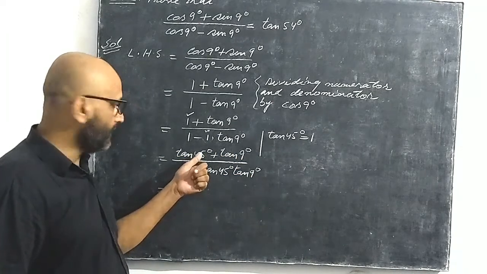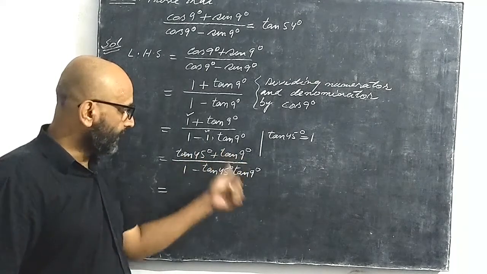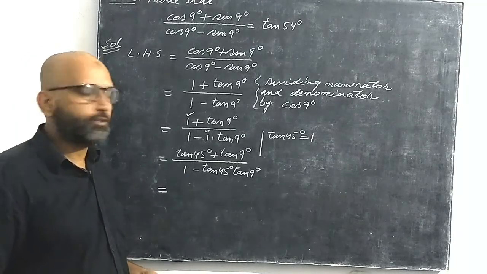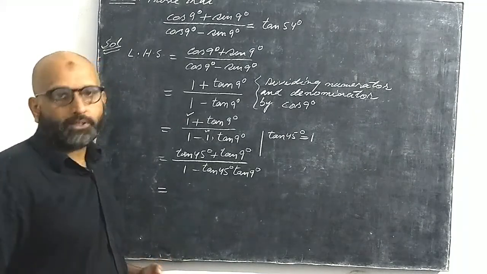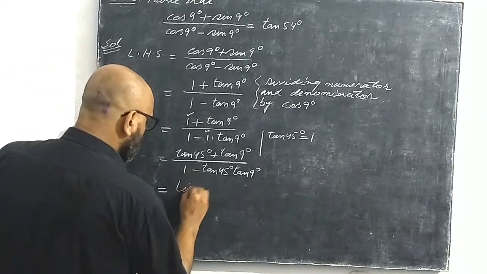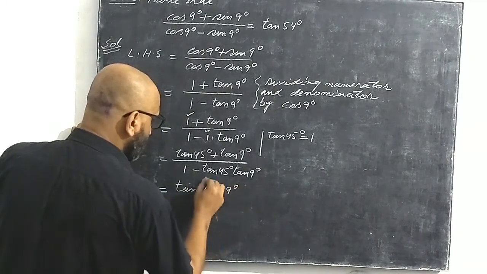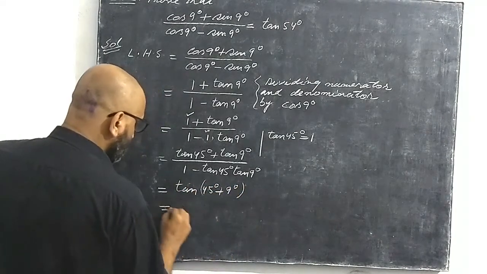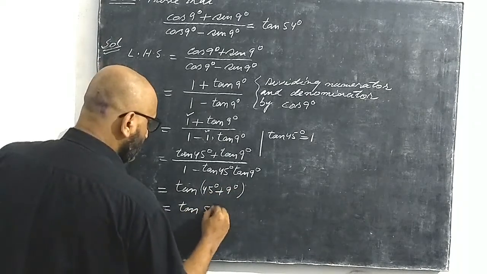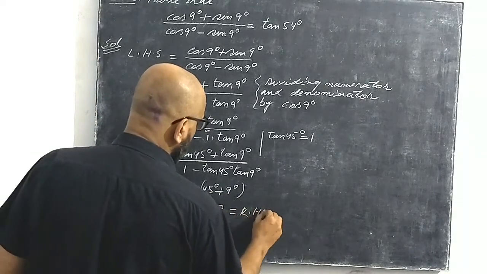Tan A, that is tan 45, tan B, that is tan 9, upon 1 minus tan A tan B, tan 45 tan 9. So the same format of tan A plus tan B upon 1 minus tan A tan B, so we may use that formula. So we may write it as tan of 45 degree plus 9 degree, that is equal to tan 54 degree, which is equal to the right hand side.